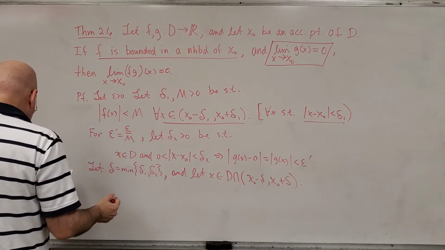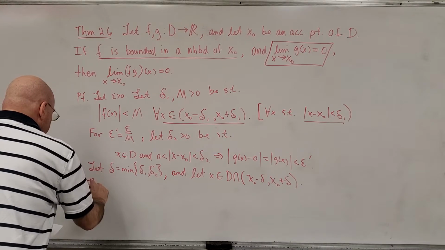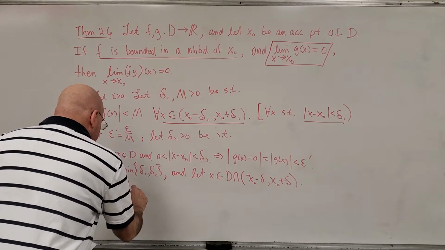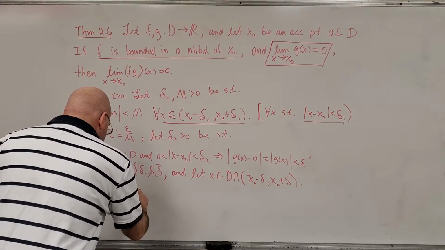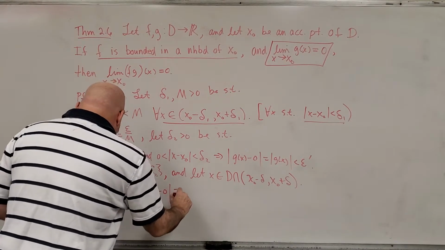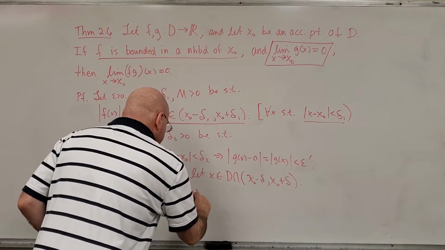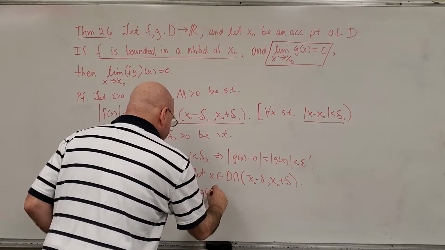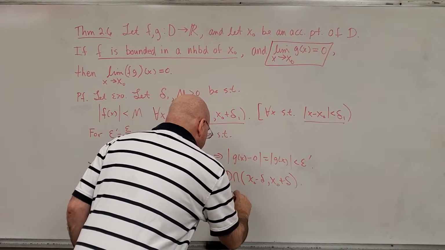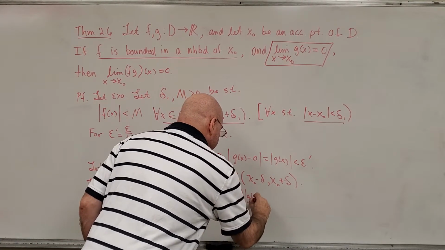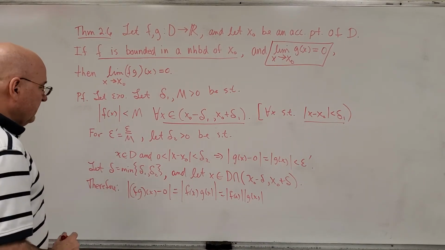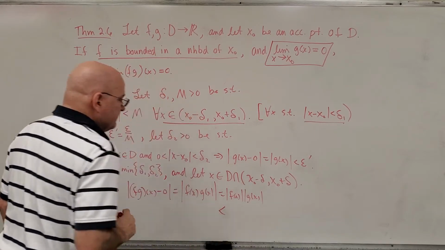I can finish it up with one more sentence. Therefore, we get the absolute value of f of x g of x minus 0, which I'm going to rewrite as the absolute value of f of x g of x, which is equal to the absolute value of f of x times the absolute value of g of x, just by the properties of absolute values. Now we can get to where we want to get. We want that to be less than epsilon.